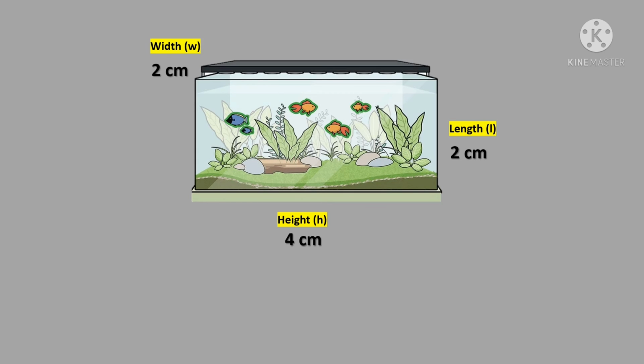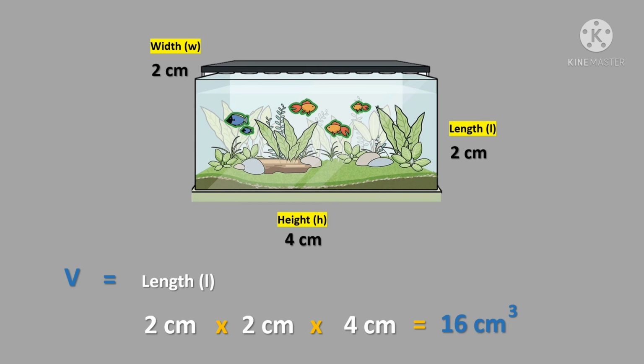If we multiply 2 centimeters by 2 centimeters by 4 centimeters, we will get the volume 16 cubic centimeters. That means that to get the volume of a prism, we can simply multiply the length, width, and height.